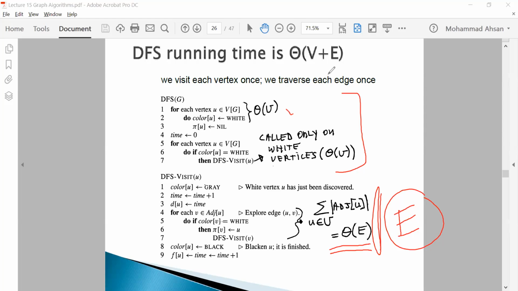Firstly you're coloring everything white, then you're calling dfs for all the vertices, and for every dfs you're checking all the adjacent vertices. So it is v plus e and not v into e, because you do not explore v times the number of edges, you are exploring all the vertices and all the edges. Okay, so that's your dfs.